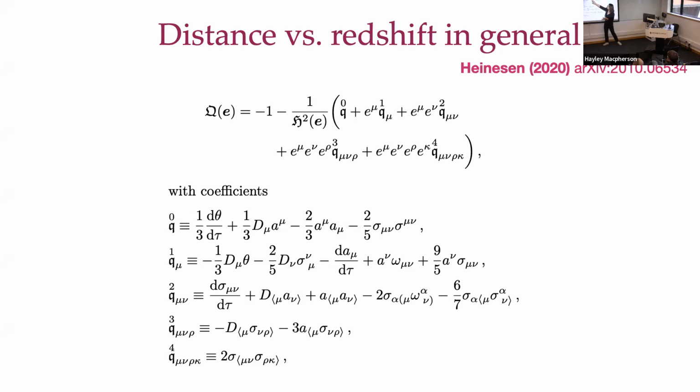In particular, I want to draw attention to the dipole term, this q1, given by this term here. Again, we can ignore these last three terms. We'll notice that these terms are given by spatial derivatives of quantities like the expansion near the observer and the shear as well. These spatial derivative terms we expect to dominate over the rest of the terms in this expansion.